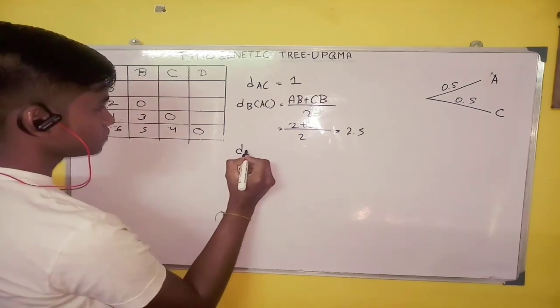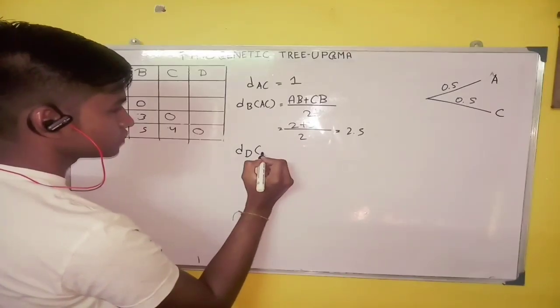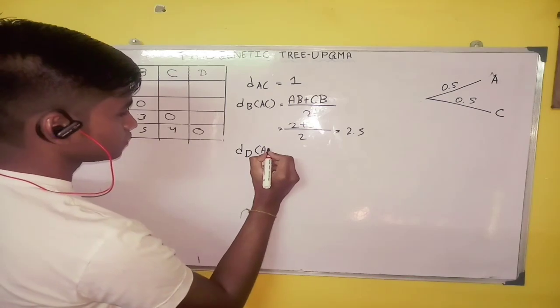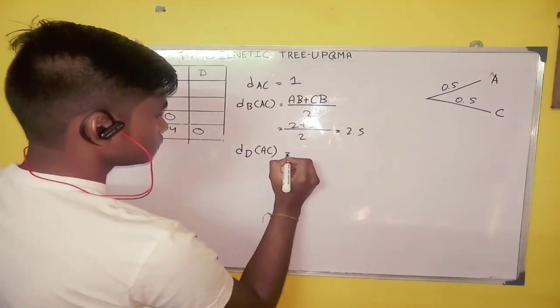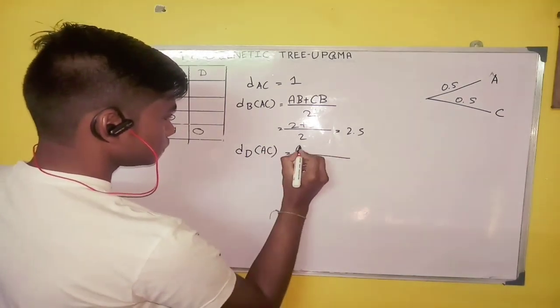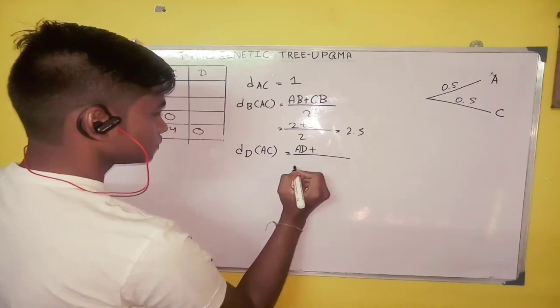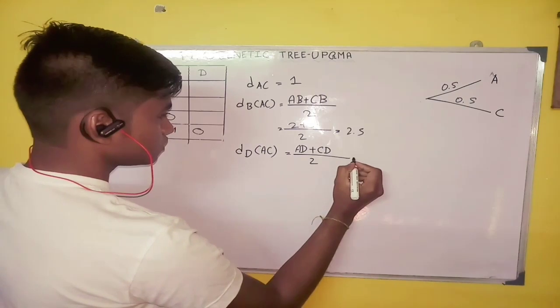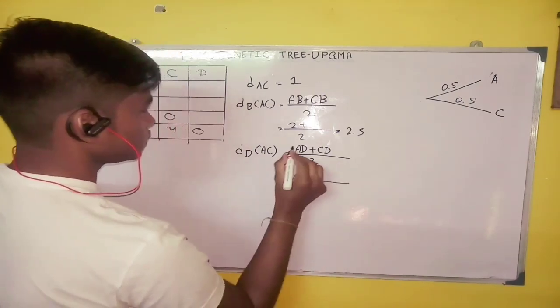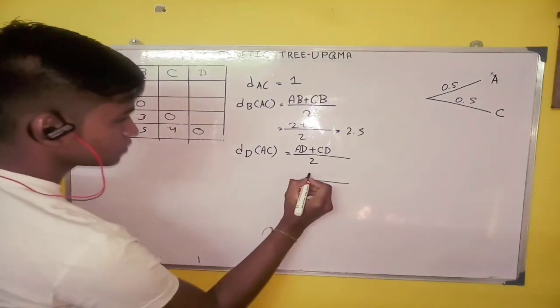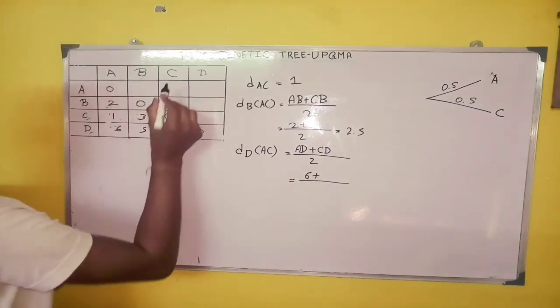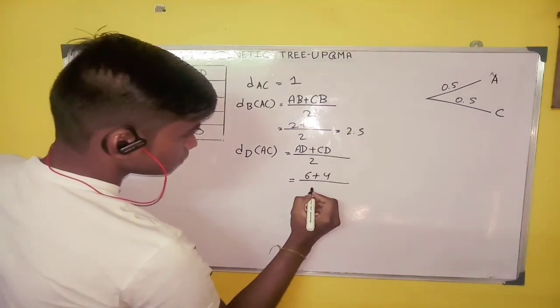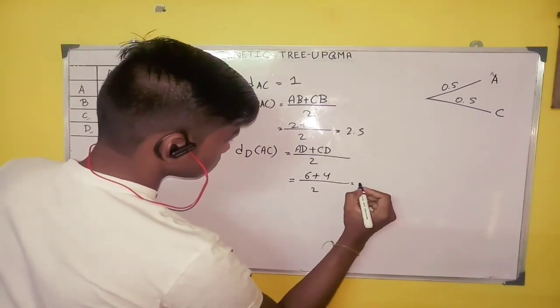And the distance of D in respect of A and C is AD plus CD divided by 2, and AD is actually 6, CD is actually 4, divided by 2. So basically the answer is 5.